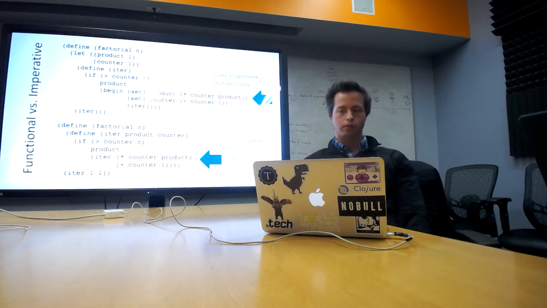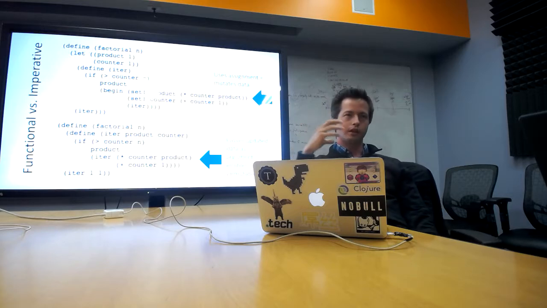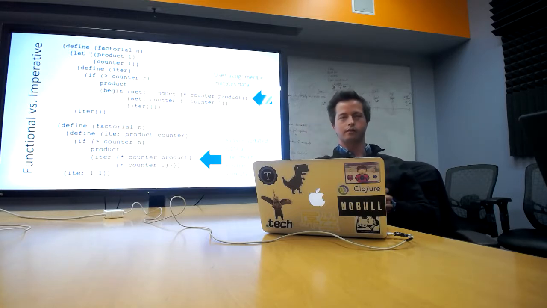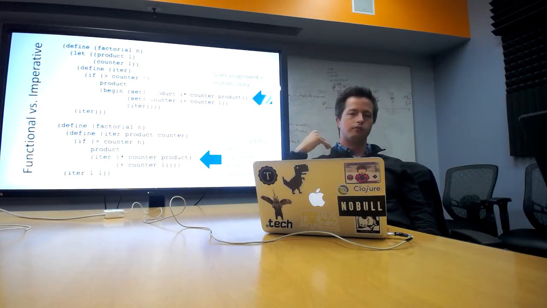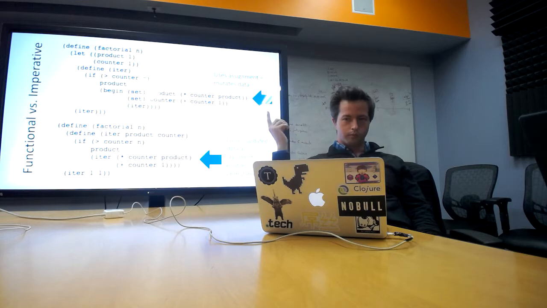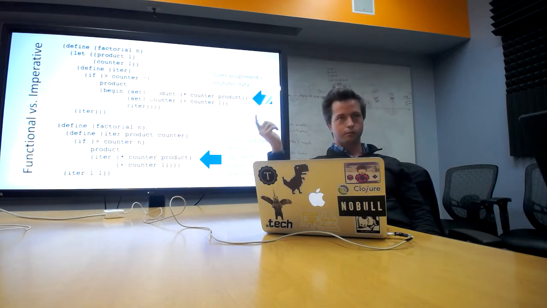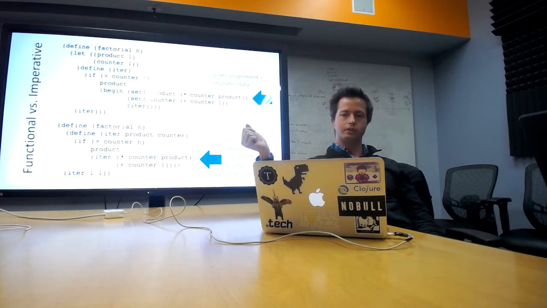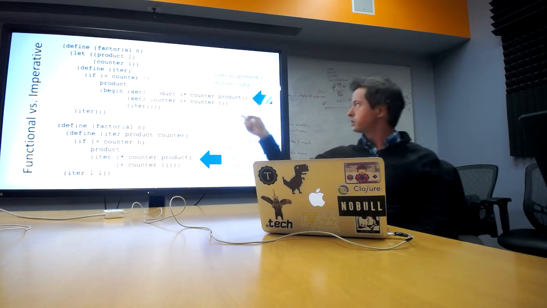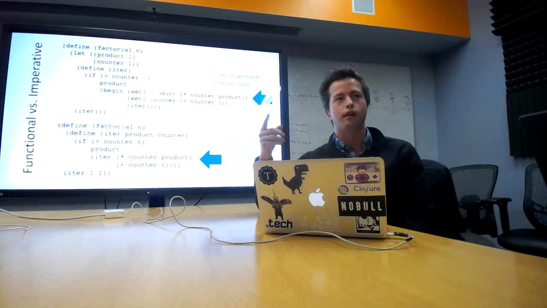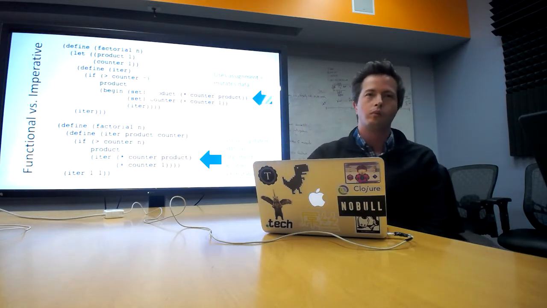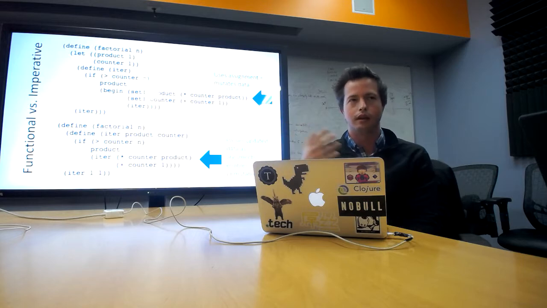What was most helpful for me in trying to understand what tail recursion was is being able to see the contrast between an imperative programming style and a functional programming style. The procedure on the top is factorial implemented in an imperative style, and you can see on these arrows that it uses assignment, and it's updating it at every iteration of the loop, which can lead to subtle bugs.